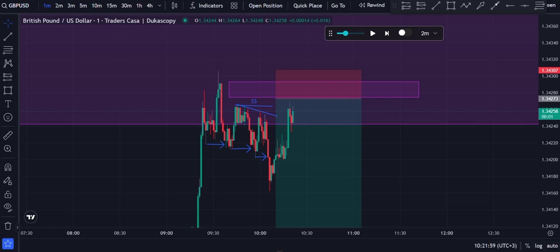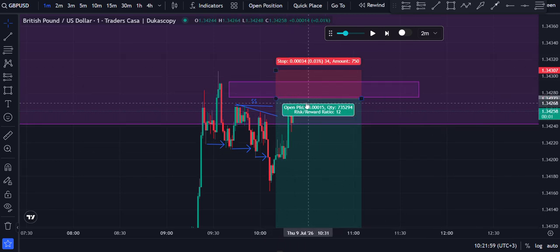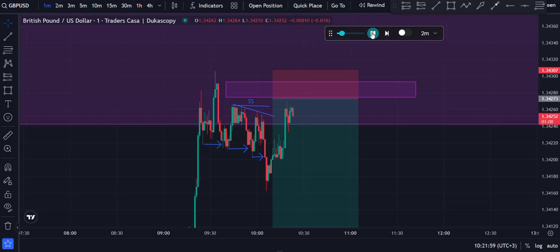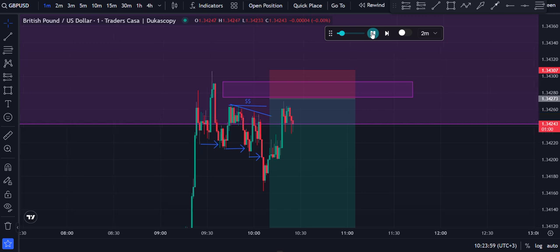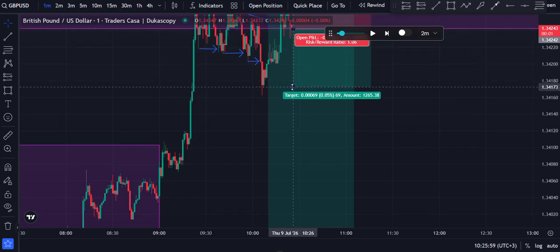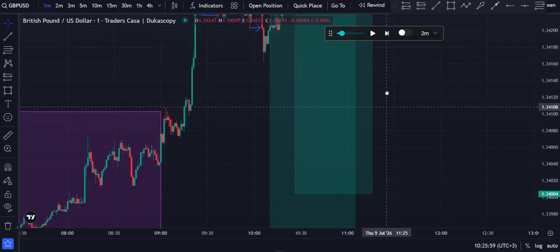Then the market started selling off, as you can see here. After the market started selling off, remember the market was filling most of my confluences, and this is where I essentially opened my position, at this very zone, with my stop loss just above the high and my take profit lower.